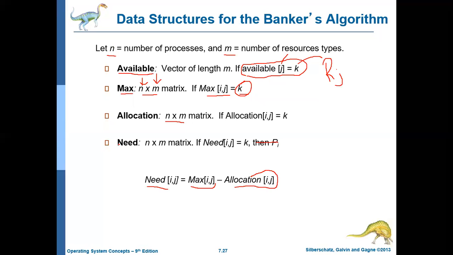And need represents how many instances of each resource will be required in future by each process. And always need of i,j will be equal to max of i,j minus allocation of i,j. Okay.